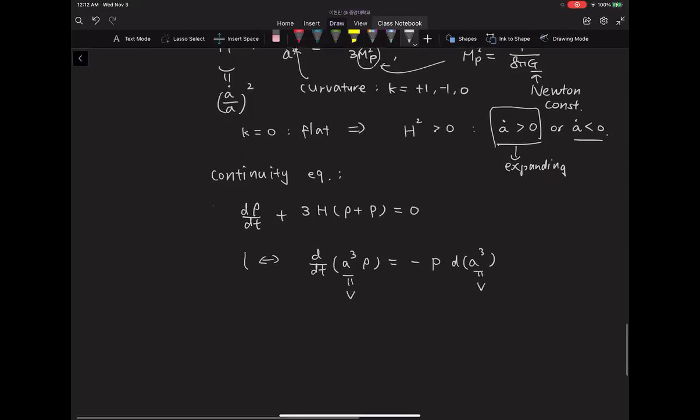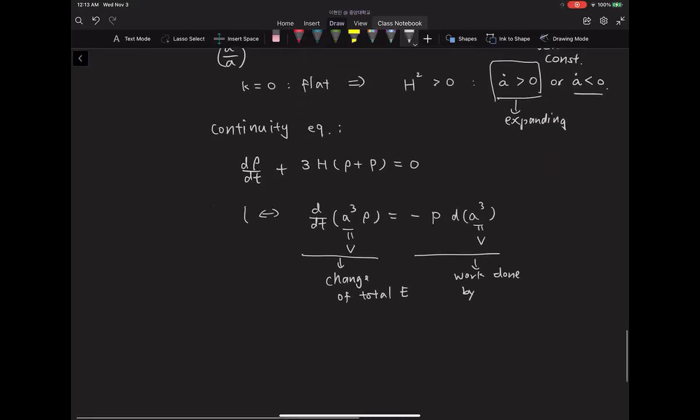Therefore, the left-hand side is the change of the total energy, and the right-hand side is the work done by the universe, the work done by the expansion.